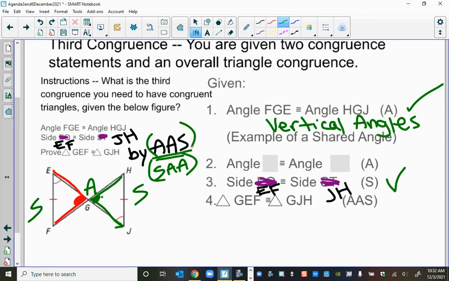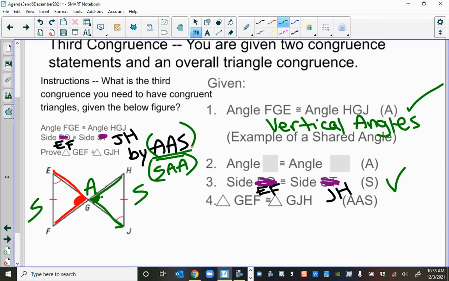Look at our two triangles. What do we know about angle E and angle J? What do we have going on there? E and J. What else do we see with angle E and angle J?